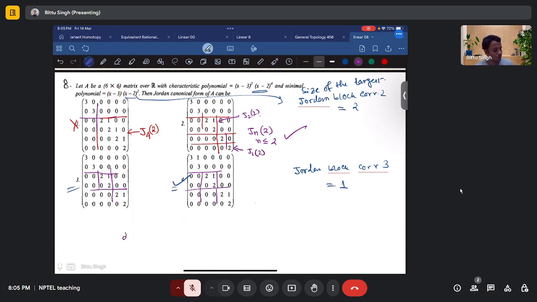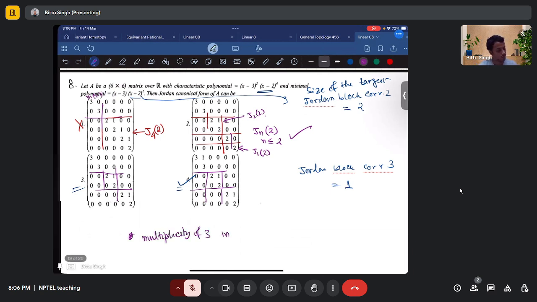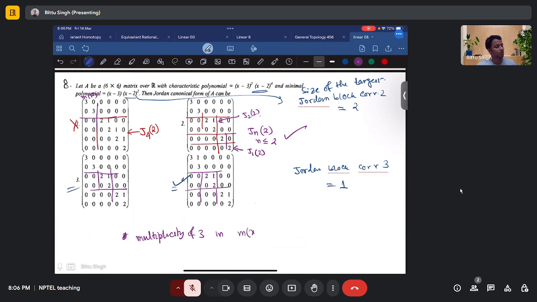So the multiplicity of 3 in m(x), which is denoted by m(x), is actually 1.